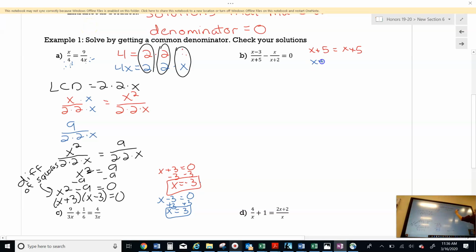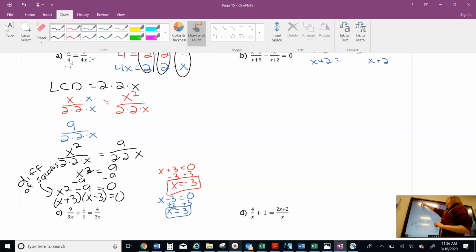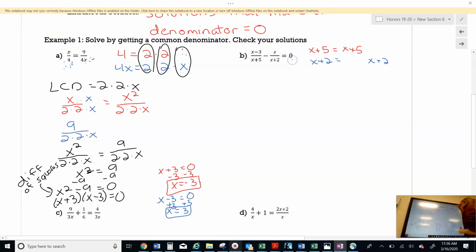And x plus 2 is just x plus 2. Again, it's linear, there's no common factor. So my least common denominator is x plus 5 times x plus 2.